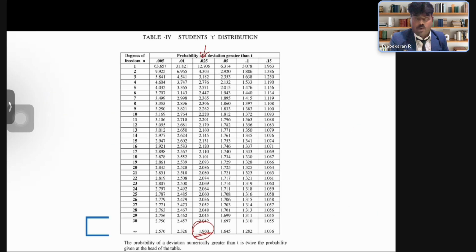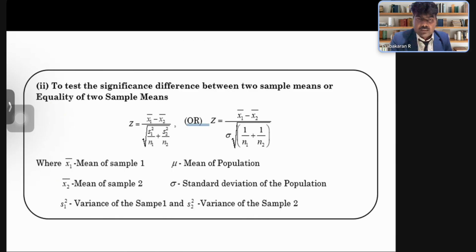So next we'll move on to the next type, that is comparing two sample means. That is the sample mean of first sample and also second sample.